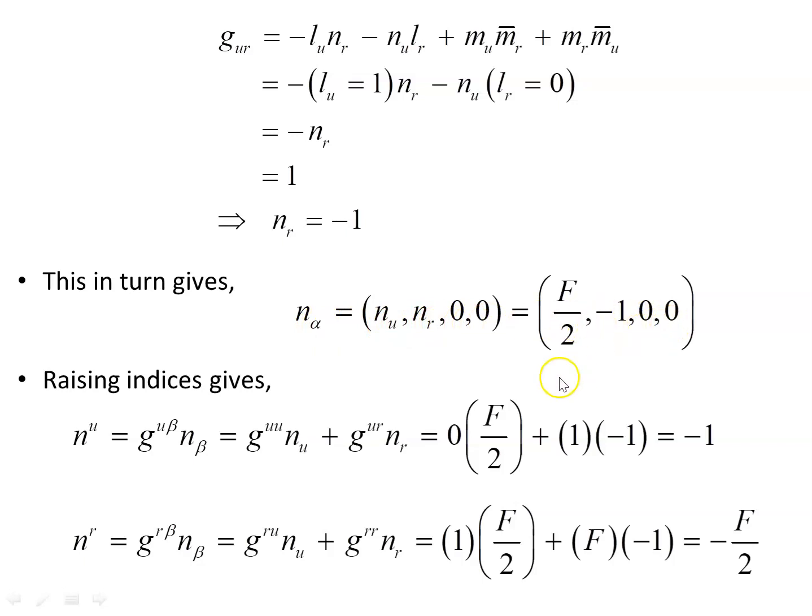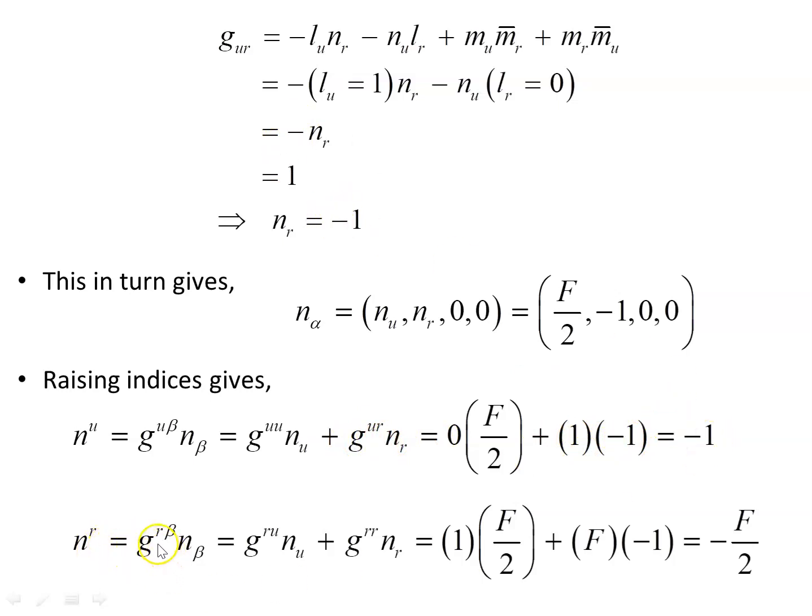Now, raising individual indices, U in the upper position, we use the inverse metric to do that. If we expand that out, GUU times NU plus GUR NR, well, we know that GUU raised was 0. NU was F on 2, so that's going to disappear, the first part there. GUR was 1, and NR was negative 1, as we've just found up here, so that equals minus 1.